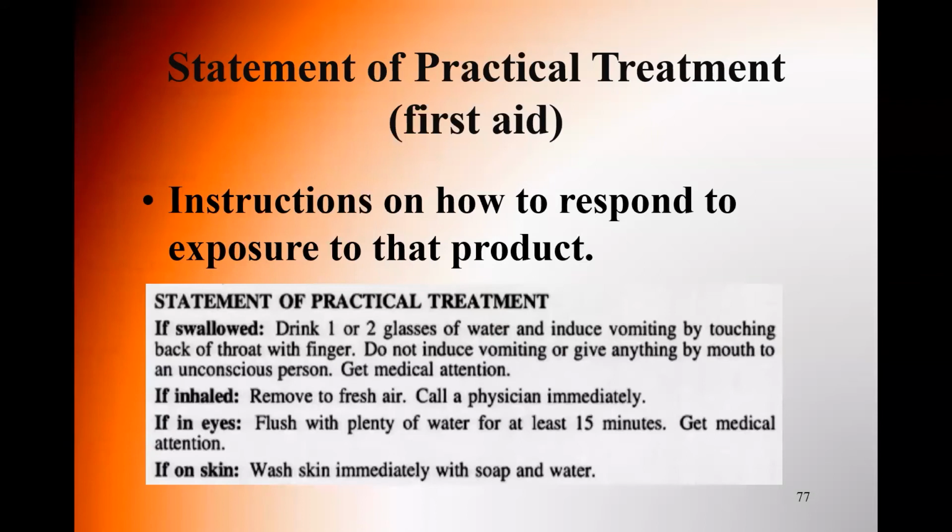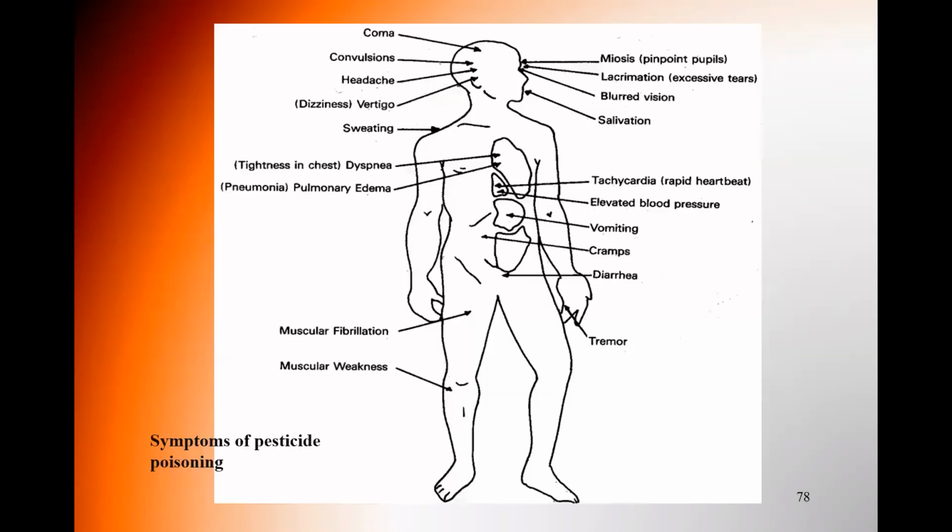Labels contain information on what to do in case of accidental poisoning. Right here is the practical treatment. Sometimes they will tell you to induce vomiting. Sometimes they'll tell you not to, because of the danger that if you vomit it up, it can do more damage to your throat. It's based on chemical to chemical. What are the signs and symptoms of pesticide poisoning?